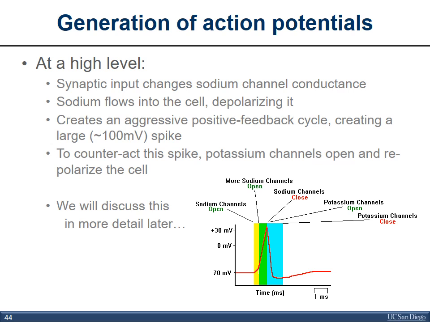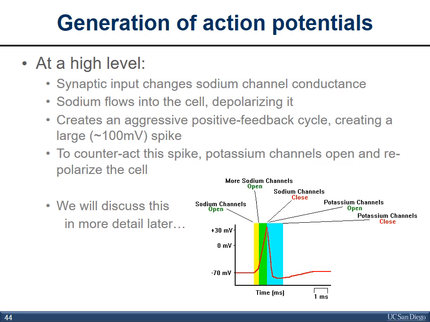This creates an aggressive positive feedback cycle, which causes this huge delta V spike of voltage across the cell membrane. But then once this happens, it can't happen forever. Otherwise, the cell will blow up, and so there's some other feedback cycle that starts to close the sodium channel, opens up the potassium channels to bring that potential back down to its nominal voltage, and the cell settles back down to normal.